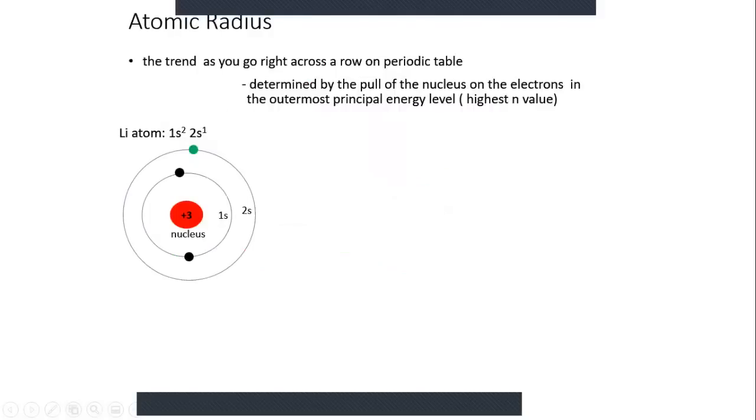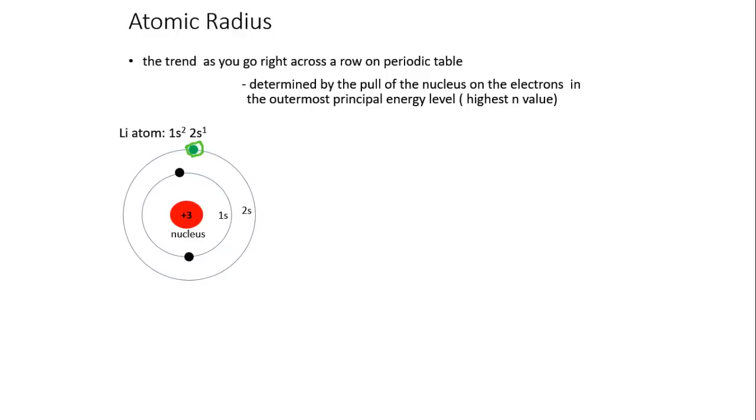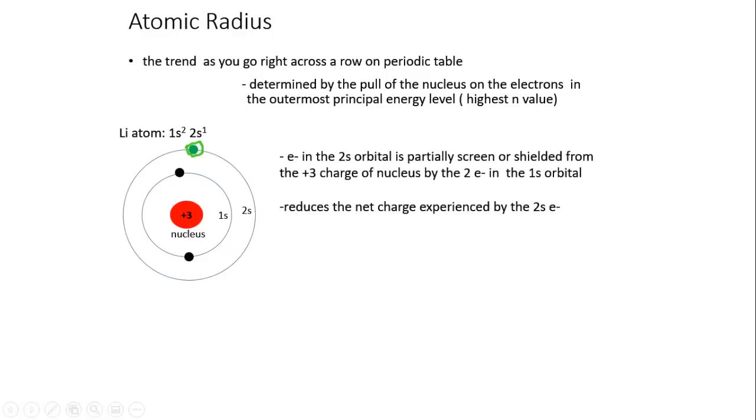So now if we look at this, we have lithium. This is a Bohr model interpretation of lithium. It has that one outer electron here, and it's being shielded by the two inner electrons on the 1s orbital. Since it's being shielded by those inner electrons, it feels less of a charge from the nucleus.